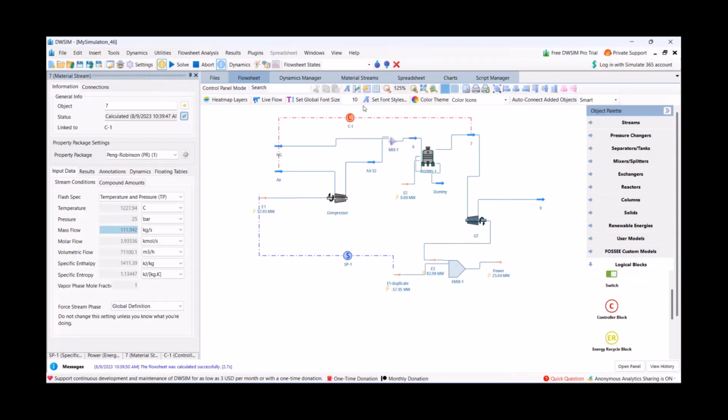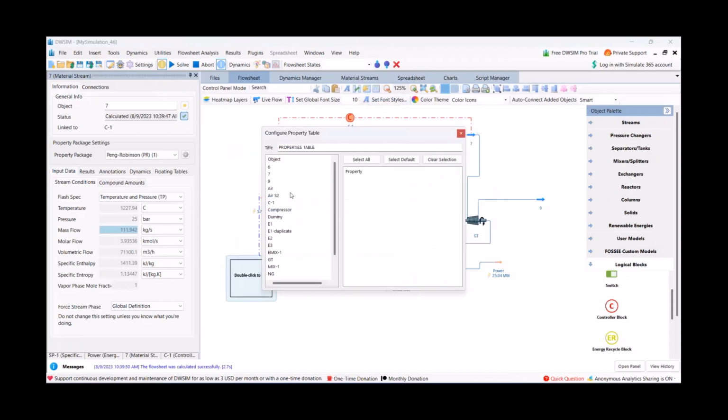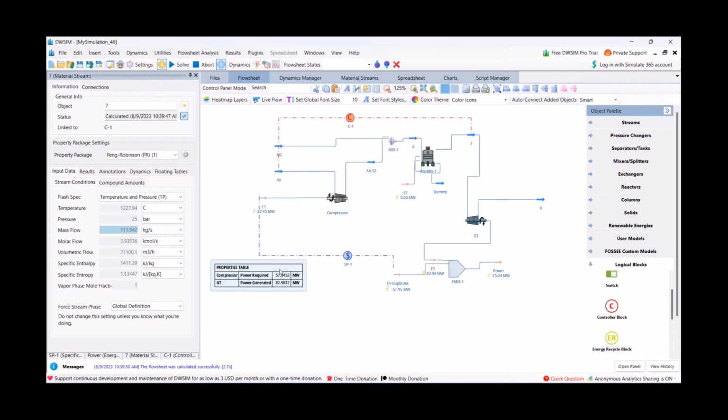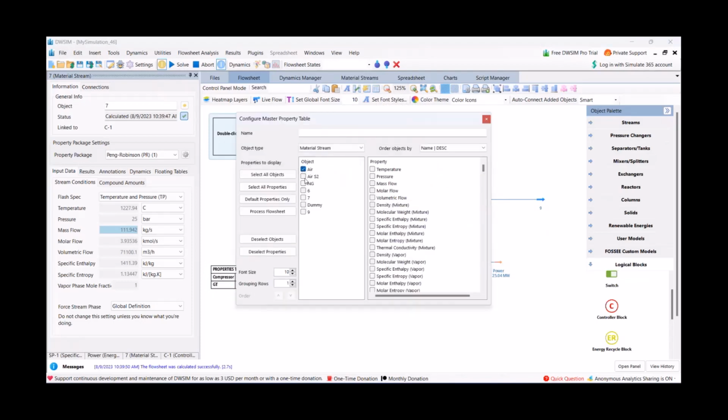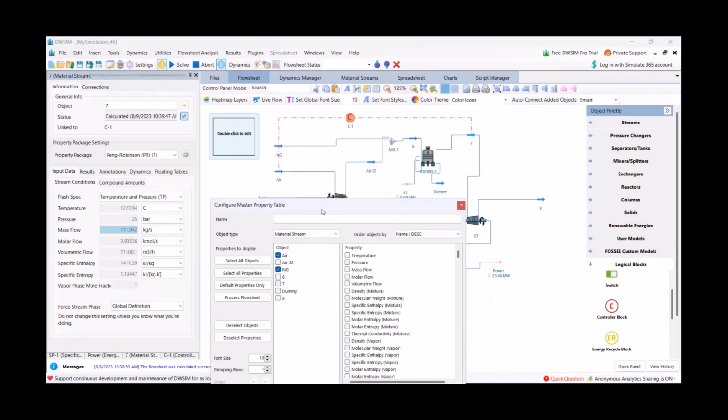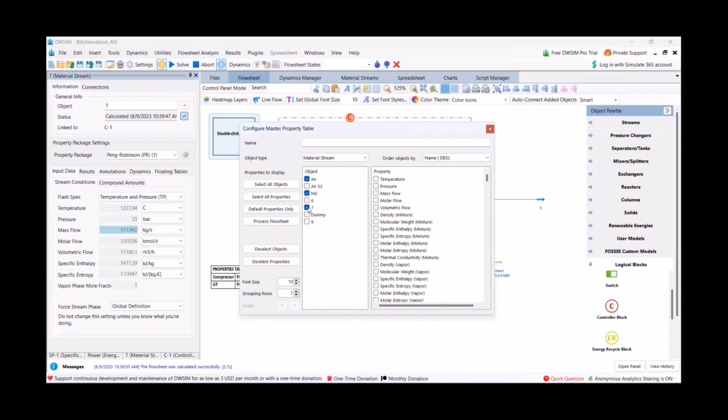And other things that you can do, you can add a property table there. For example, here you can mention compressor power required, gas turbine power generated, so that you can see, and you can also add properties for air, natural gas, and streams 7 and 9. 7 is before the gas turbine and 9 is after the gas turbine.